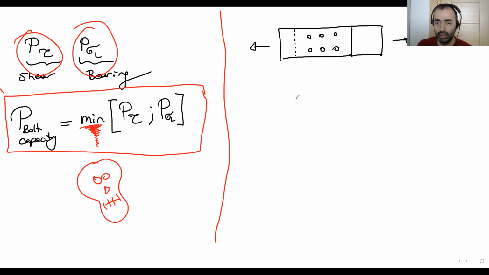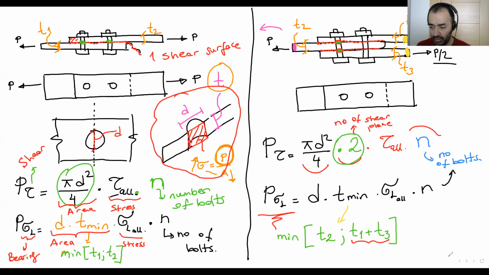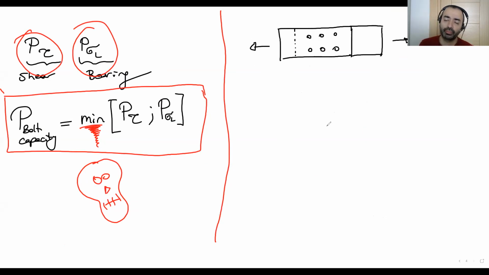So we have to consider, let me see, can we go back? There's no place to write. We need to check the steel plates. Let's say this is one shear plate, and these are the bolts.